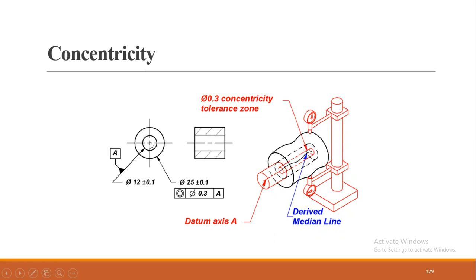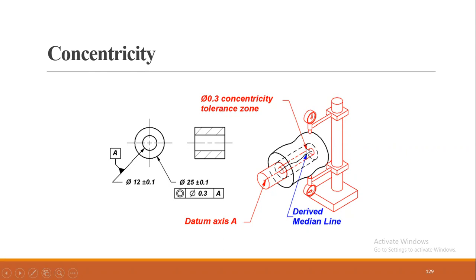If this center deflects from position, how much? 0.3. If you see here the tolerance, it's a diameter, and this represents the tolerance. How much tolerance zone here? 0.3 diameter.